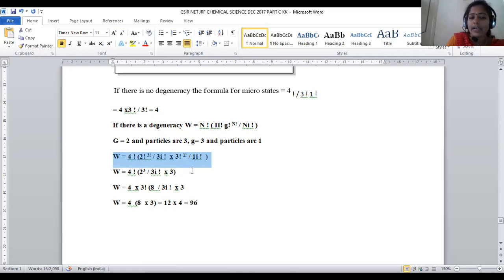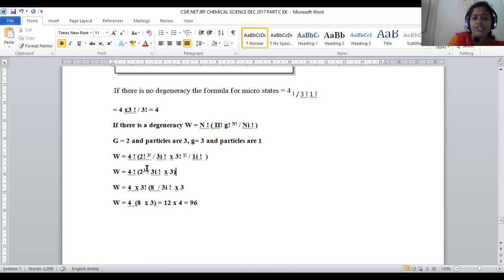This will be the formula for the entire microstates. Now, how can we simplify this? 4 factorial into 2 to the power 3 by 3 factorial into 3, because 3 to the power 1 and 1 factorial are both just 3 and 1.